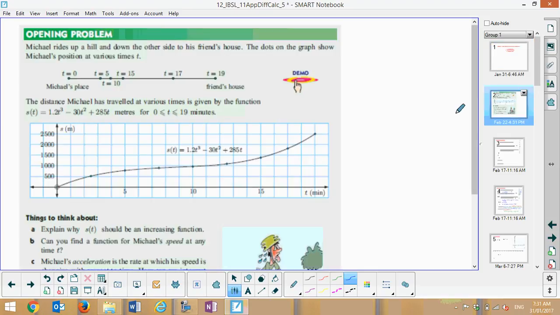So the basic problem that we're starting with is Michael, someone riding their bike, and you've plotted the data. You probably would have remembered from your year 10 where you looked at motion graphs and you had things with straight lines, and we'd often talk about that going, well, in reality it's not a straight line. You don't instantaneously start at a speed and instantaneously stop.